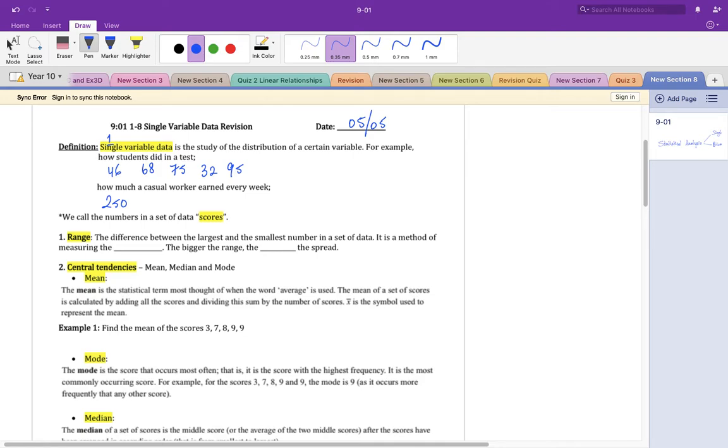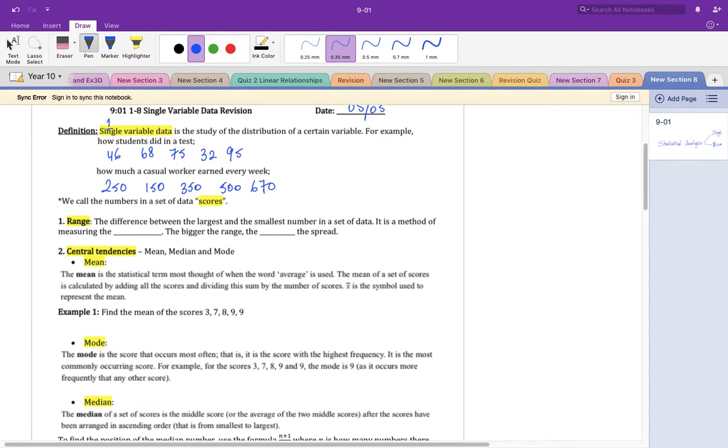So I'm recording the monetary values. So $250, let's say the second one earned $150, $350, $500, $670. So I'm just making up numbers now, yeah? So these are called scores. These numbers, they're all called scores.